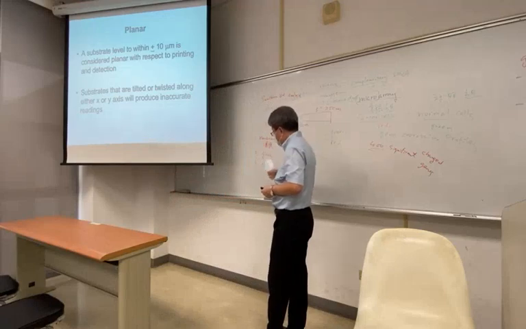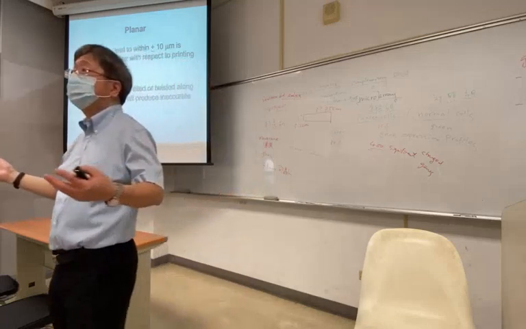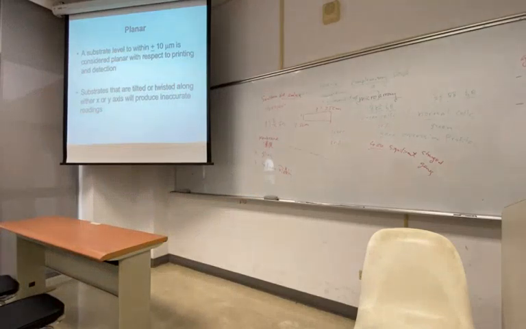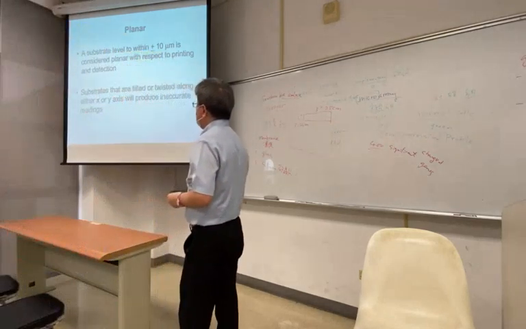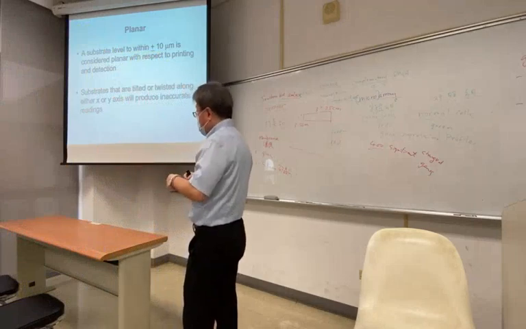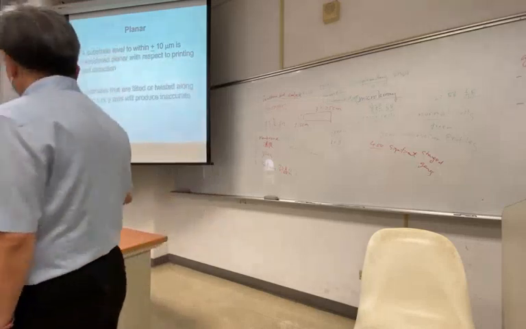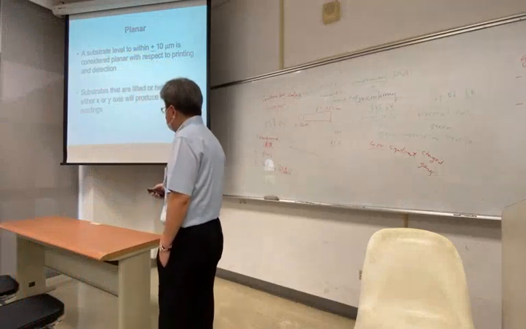Glass is very stable, silicon is very stable. Even if you heat it up, it doesn't hurt. Okay, but plastic, if you heat it up at high temperature, you might change the surface. Okay. So you want to make sure the x and y axis, you don't bend or something like that, so that you don't provide inaccurate readings.